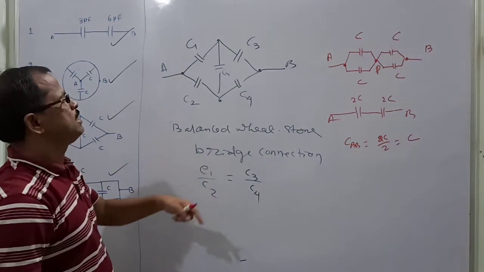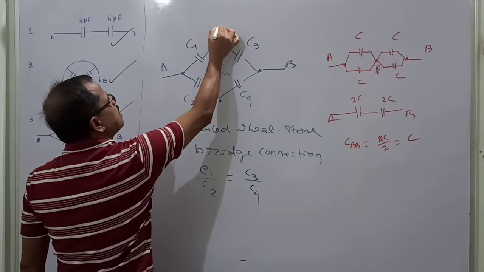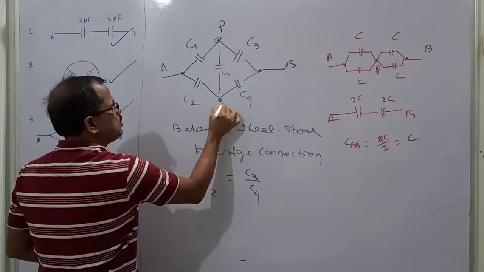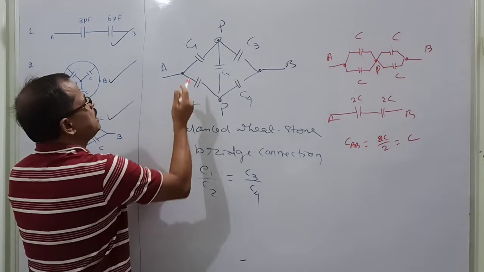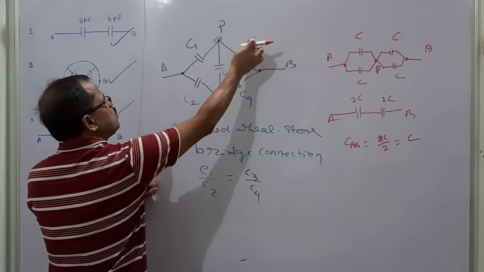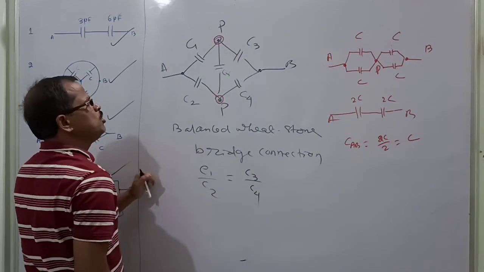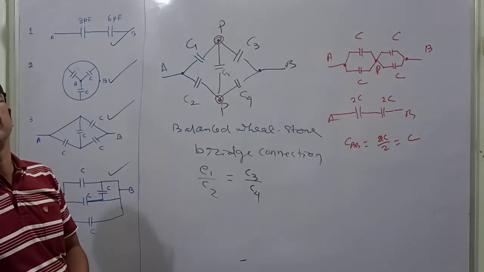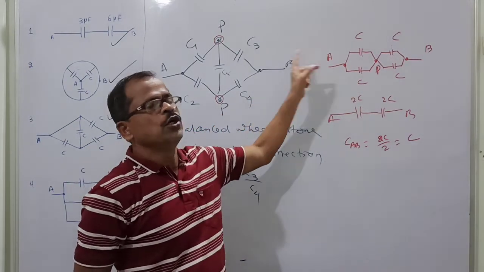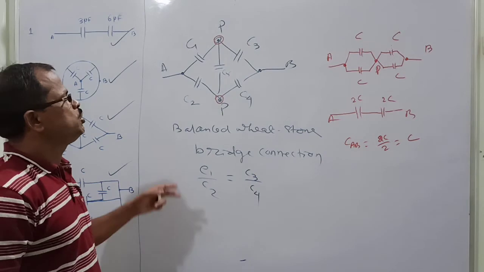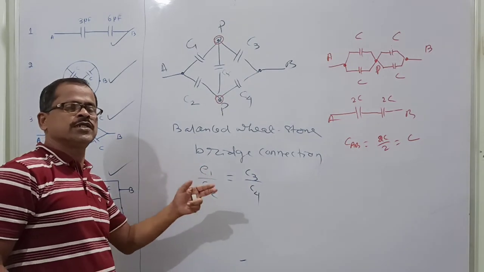Then it will be balanced. If it is balanced, then the potential of this point and the potential of this point are the same. Please note down: if this by this is equal to this by this, then the potential of this and the potential of this will be the same. Then we can follow the earlier method or this method to solve the problem. This is called a balanced Wheatstone bridge connection.